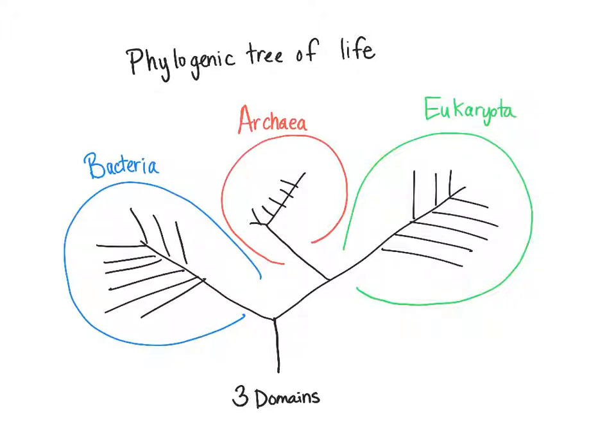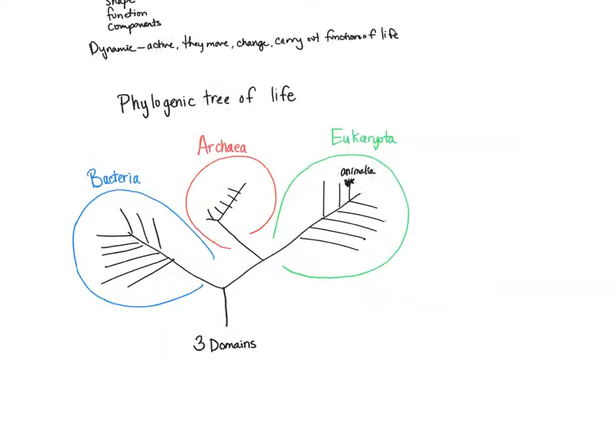So these are our 3 domains of life. Now, eukaryota over here has us, Animalia. So we are in the eukaryotic domain. Archaea and bacteria we'll talk about a little bit more before we move into our eukaryotic branch. So let's talk about bacteria and archaea first.